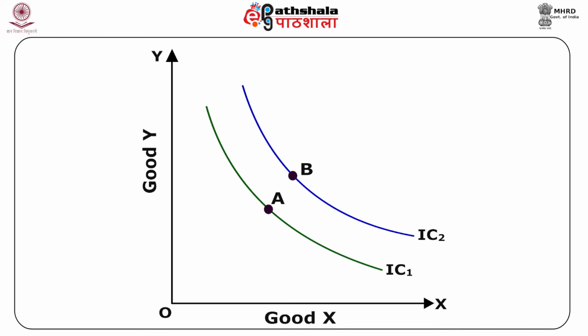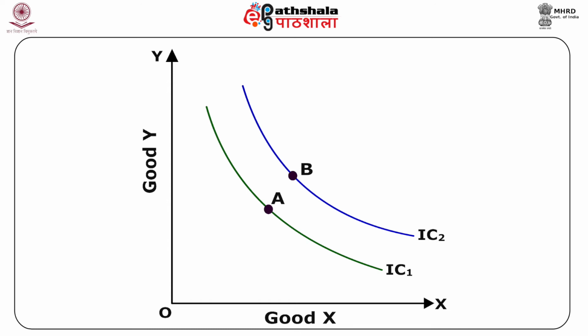Fourth assumption: higher indifference curves represent a higher level of satisfaction. A higher indifference curve will represent a higher satisfaction level than a lower indifference curve. Put differently, the combinations lying on a higher indifference curve will provide greater satisfaction than the combinations lying on a lower indifference curve. In figure 10, IC2 is a higher indifference curve than IC1.